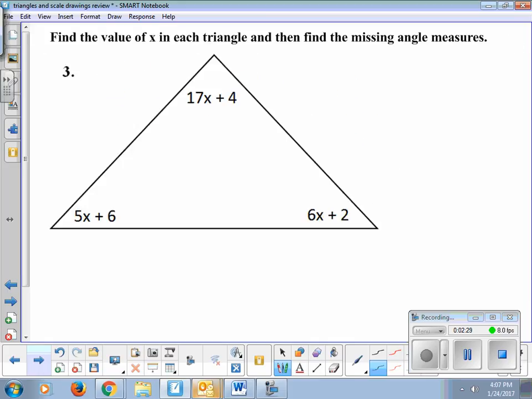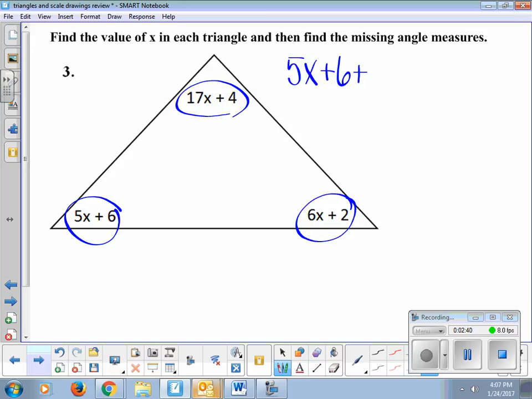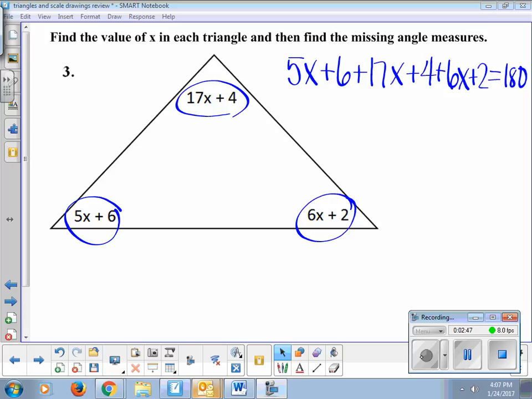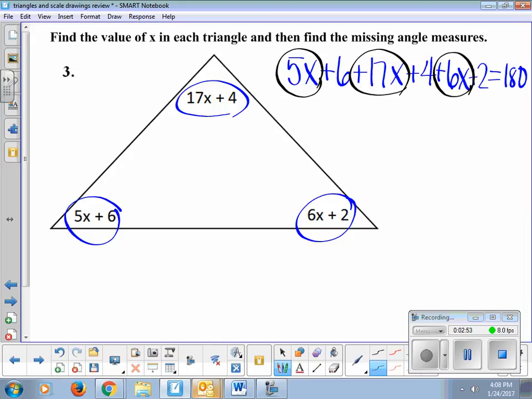Okay, all three angles in a triangle have to add up to 180. So we're going to add all three angles and set them equal to 180. 5x plus 6 plus 17x plus 4 plus 6x plus 2 equals 180. You can combine like terms. 5x plus 17x plus 6x. 5 plus 17 plus 6 gives you 28x, plus we have 6 plus 4 is 10, plus 2 is 12, all equals 180.